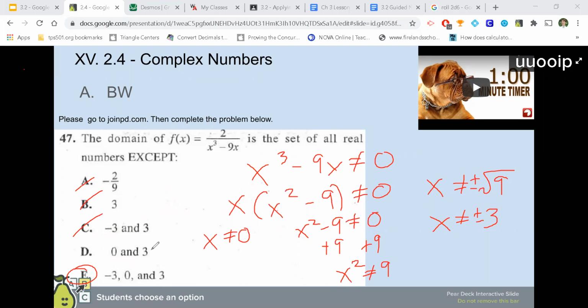So if you test 3, you already know that A is not going to be a choice, right? And if you plug in 3, it's not going to work. So then it just becomes, does 0 work? You could probably do that one in your head. And then it just becomes, well, what if I plug in -3? So really, you could get this answer by typing 2 things into your calculator. 2 over parentheses 3 cubed minus 9 times 3, and 2 over -3 cubed minus 9 times -3.